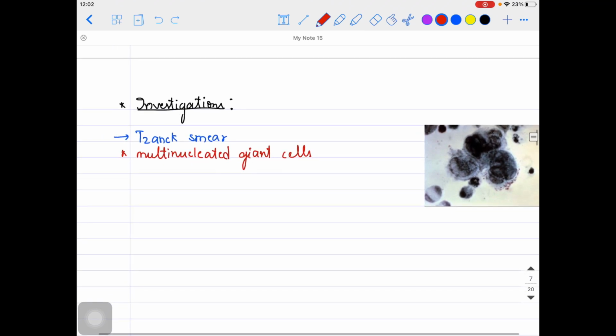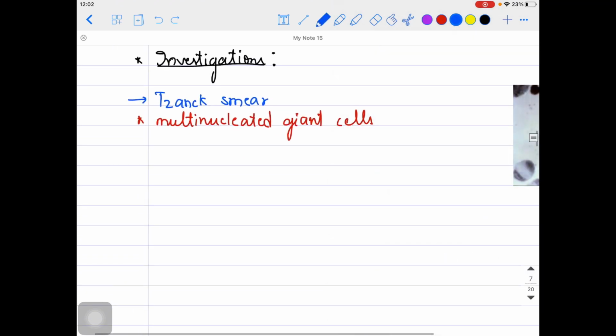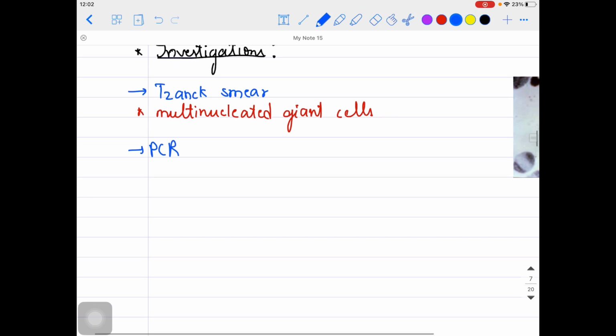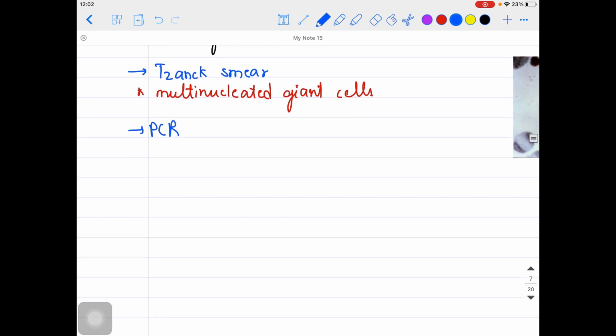Other than that, of course, you can do the PCR, the polymerase chain reaction, in these patients. You can go for fluorescent antibody staining, but that's enough, right? Usually we see the pattern of the skin lesion, that a particular dermatome is involved, thoracic region, unilateral.